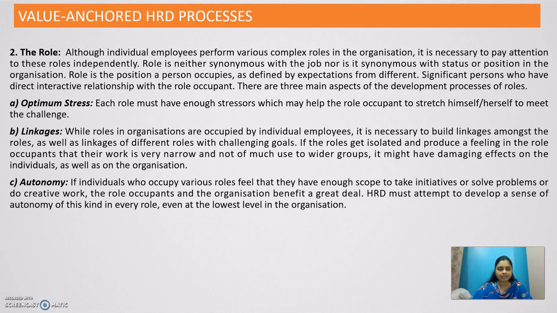To perform those roles, there are three main aspects of the development process of that role. Number one is your optimum stress. Optimum stress is important for efficient work of the human resource. Stress up to a certain level proves to be beneficial for your working performance.